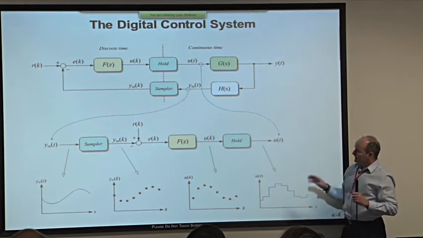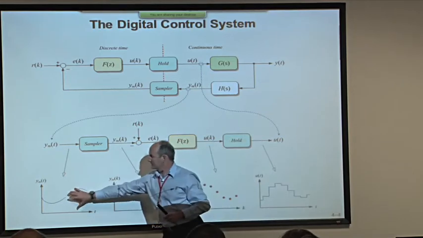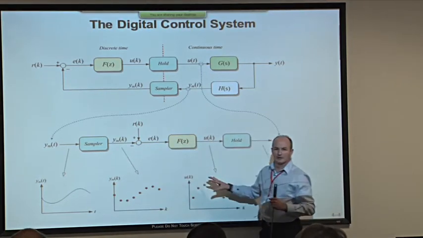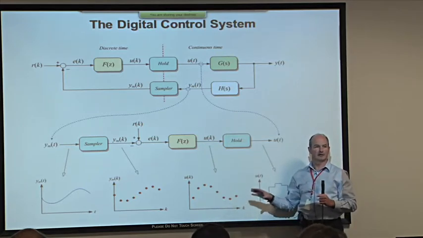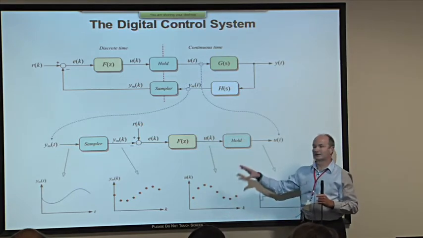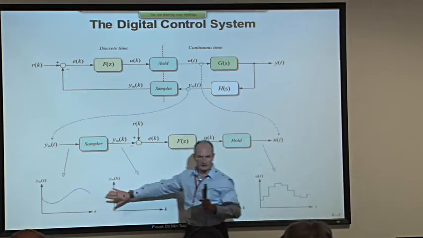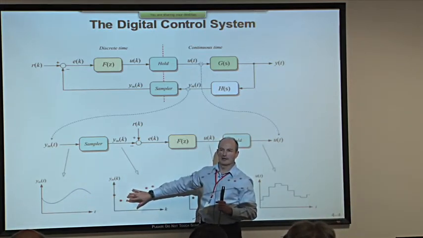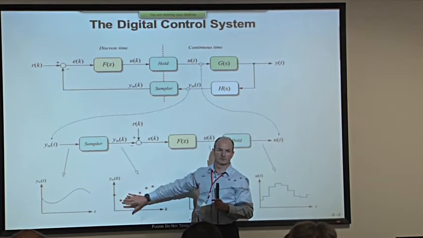Now, the important point that I'm trying to get across is that on each transition from each graph to the next one, the dynamic properties of the signals are changed. And key to designing a digital control loop is understanding the nature of those changes. The change from here to here has the effect of restricting the maximum frequency that we can represent through what's called the Nyquist frequency.